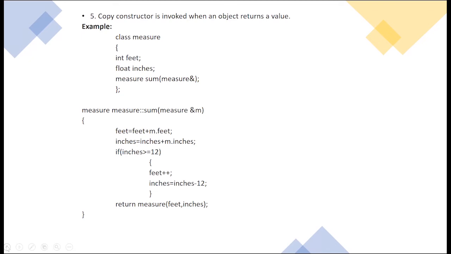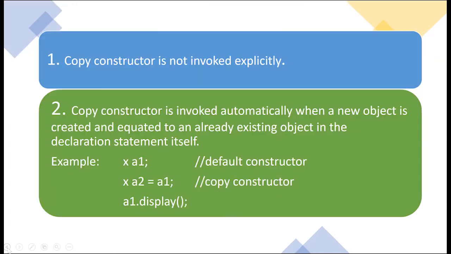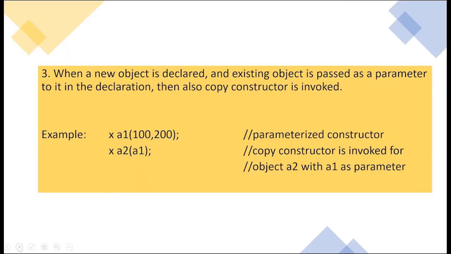I hope these different methods are clear. Let us quickly recall the different methods by which we can invoke a copy constructor. There are basically 4, and one way in which we cannot. First, a copy constructor is not invoked explicitly. Second, a copy constructor is invoked when we are creating an object and equating it to an already existing object.